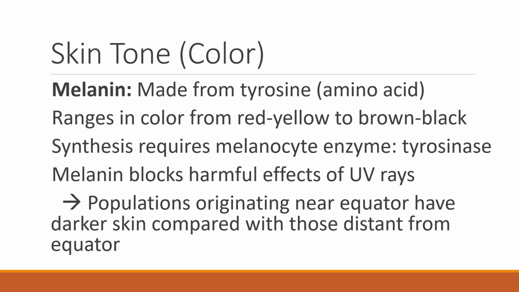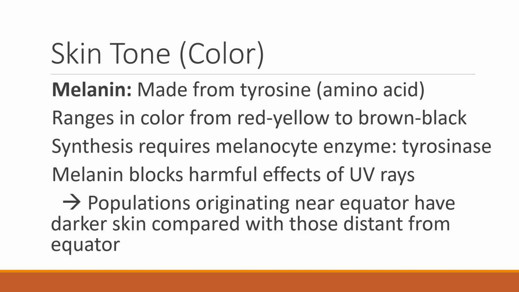So back to melanin. I mentioned that melanin is made from an amino acid called tyrosine. There are different types of melanin out there. Sometimes it can be a red-yellow color or a brown-black color. Everybody's a little bit different in terms of the melanin that's being produced. That's genetically determined.